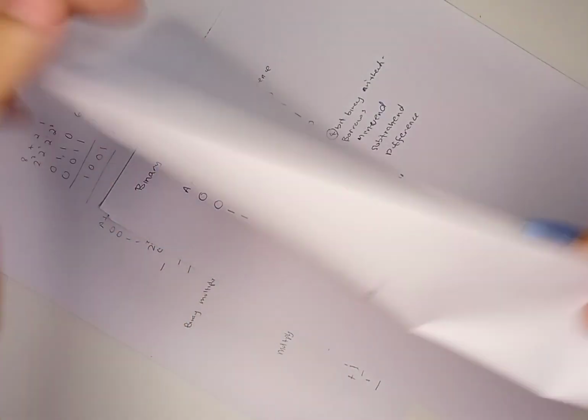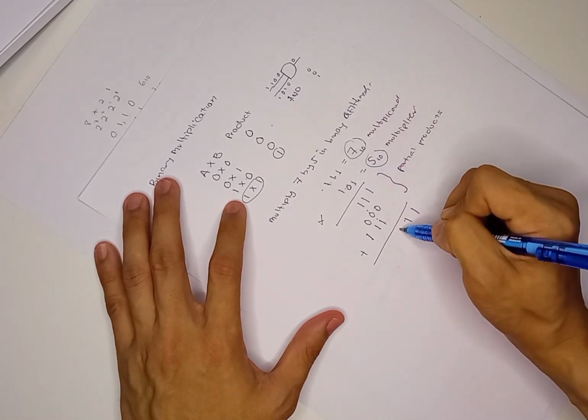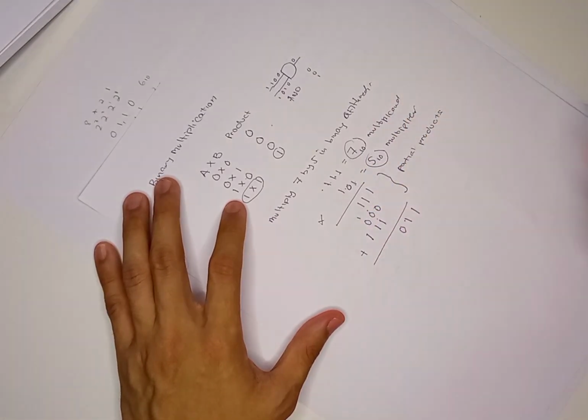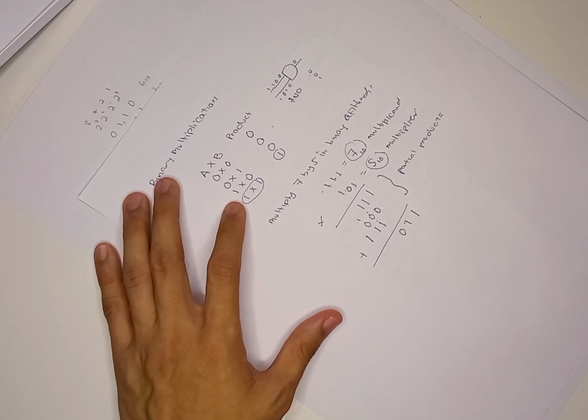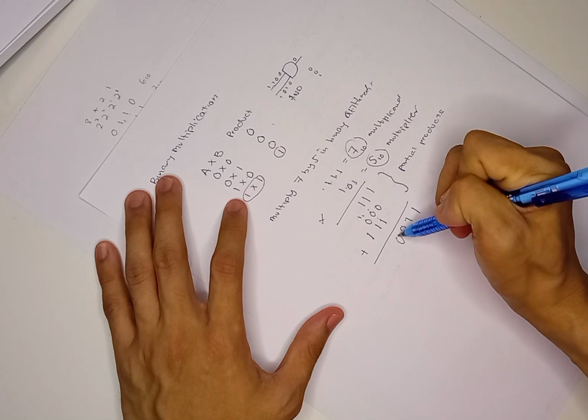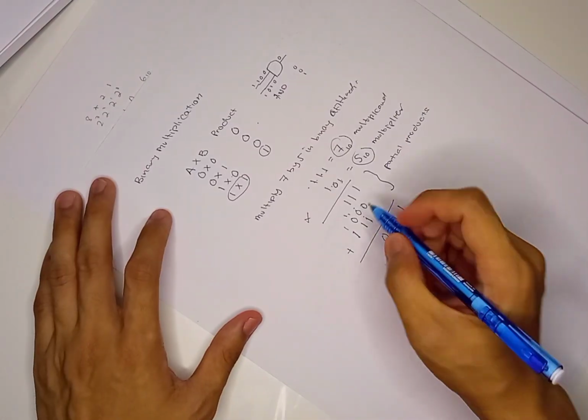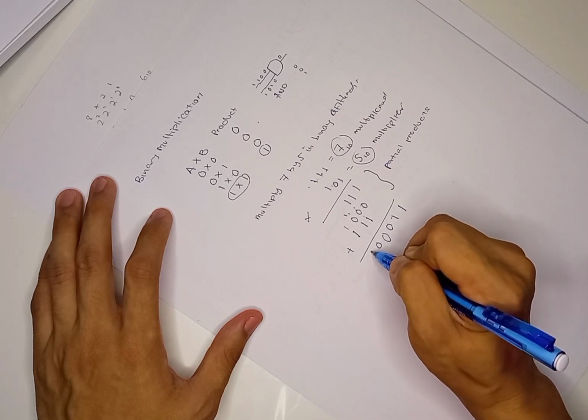So 1 plus 1, the summation is 0. You carry 1 here. Then 1 plus 1 again, another 0. Then you carry 1 here. So 1 plus 1, the summation is 0 and you carry 1.